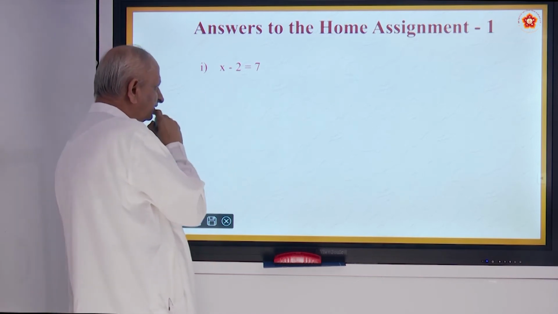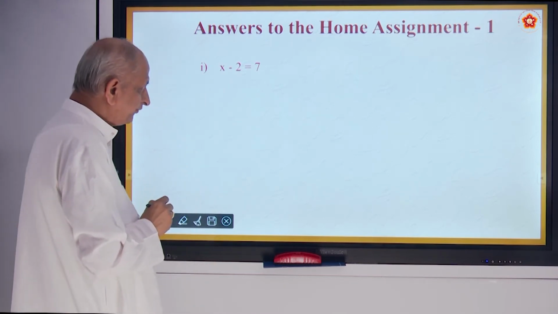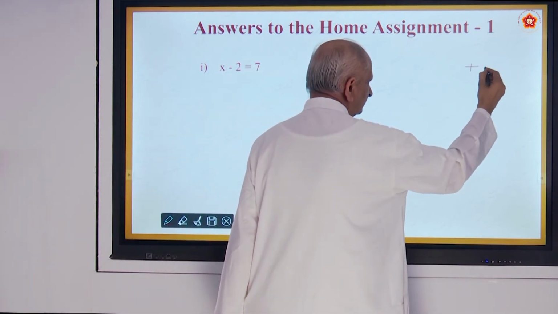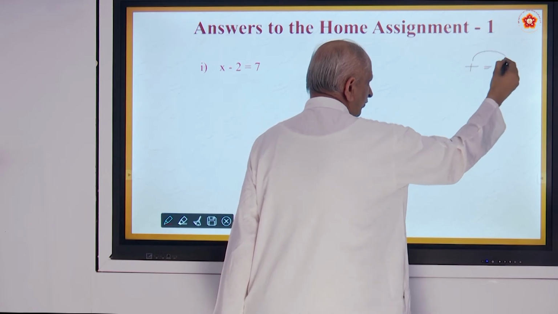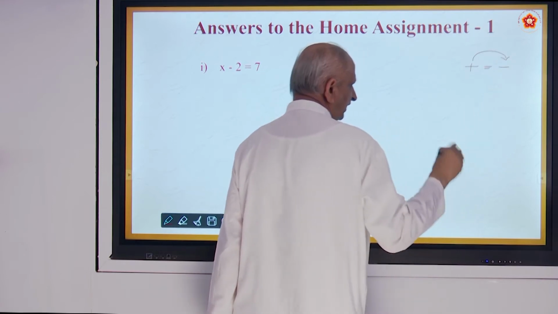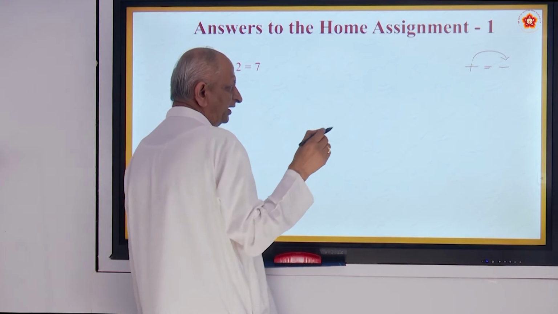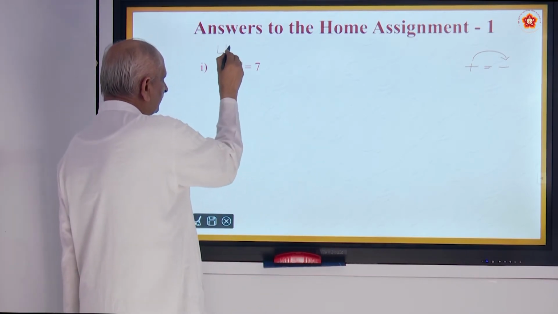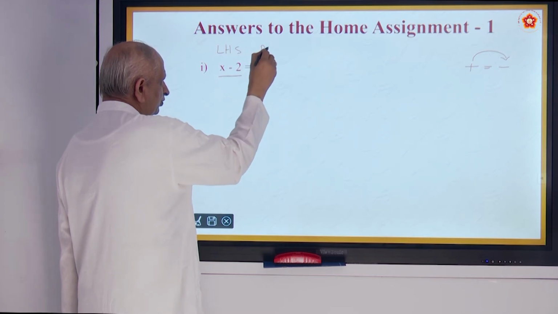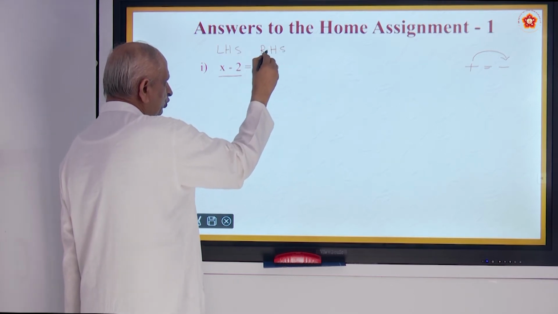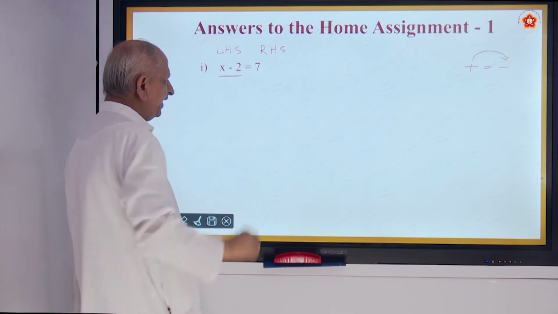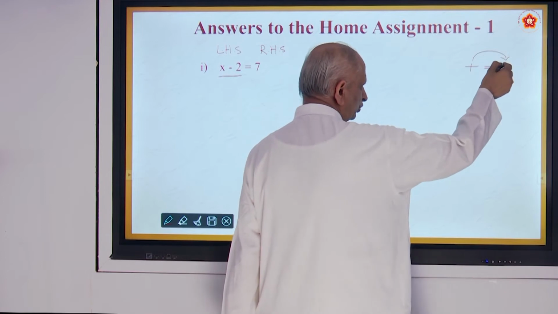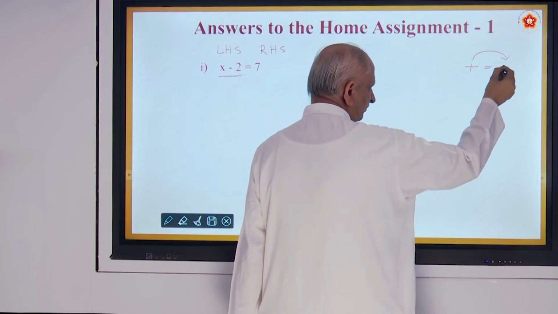Yesterday we discussed the law of transposition. Do you remember? There will be two sides here. This is called the left hand side and this is called the right hand side. So, between the equal sign you have got two sides, correct. So, when there is plus on the left hand side, if you go to the right hand side, it becomes minus.